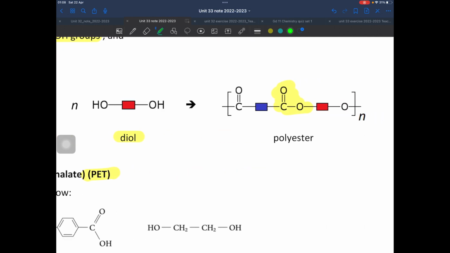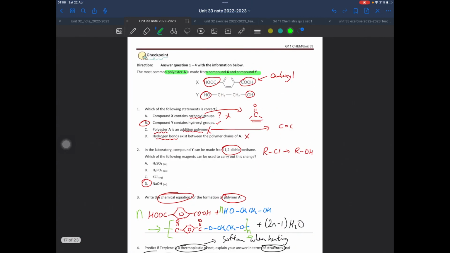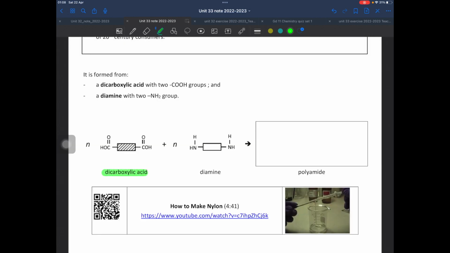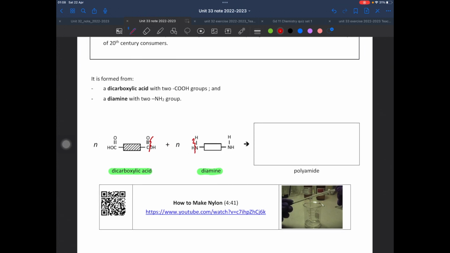So if it works, can we do the same job, but this time we use dicarboxylic acid again, but instead of making ester, this time we use amine, and you can predict the result. The carboxylic acid will contribute the hydroxyl group, while the amine will contribute a hydrogen. The result will be a polyamide.